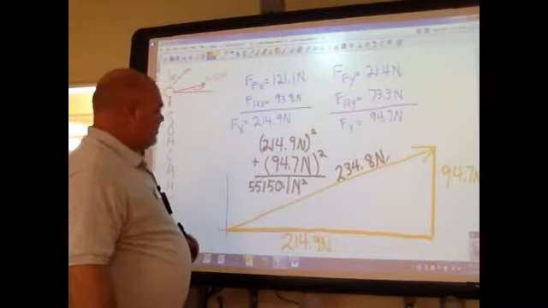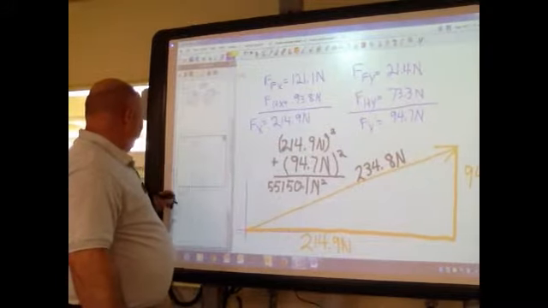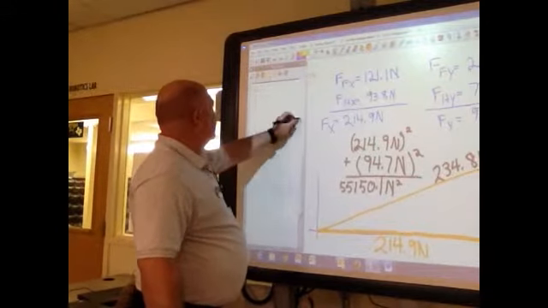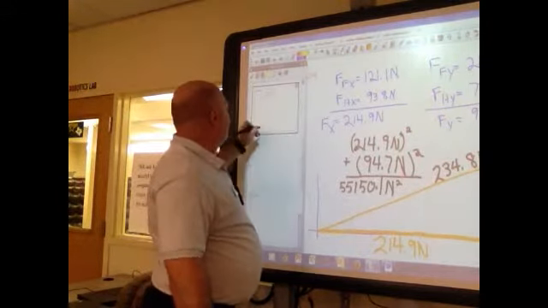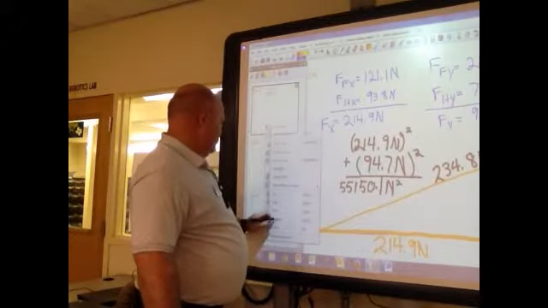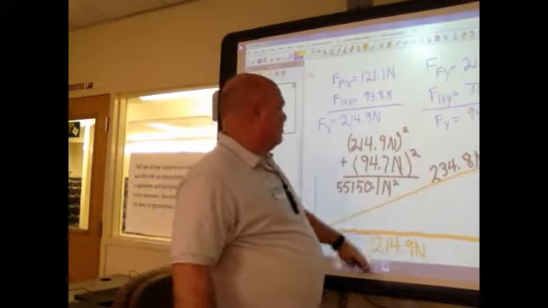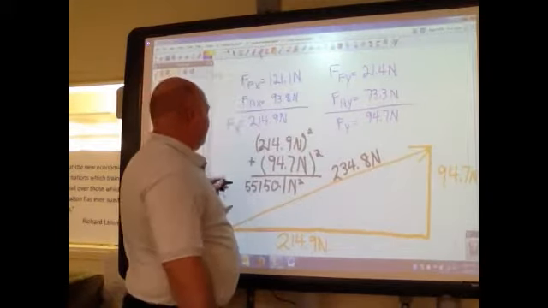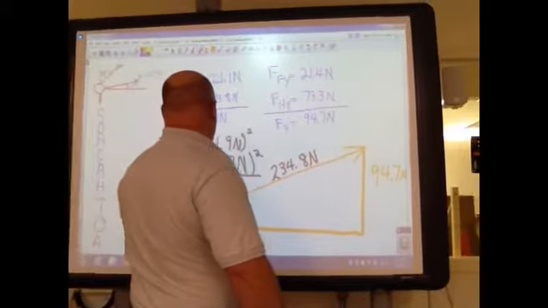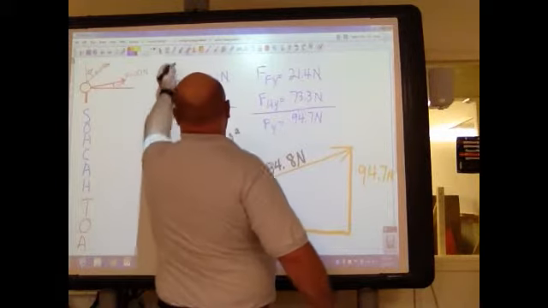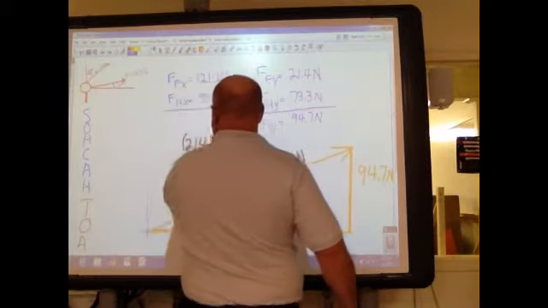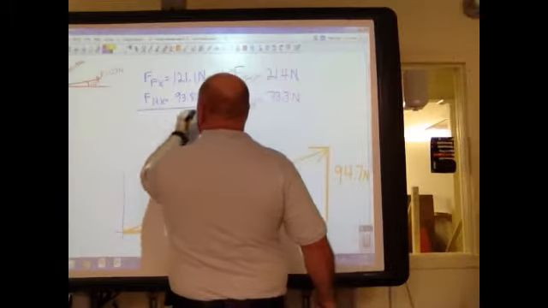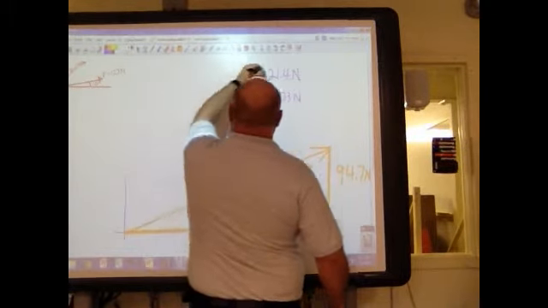The very, very next step that we need to do is come in and determine our angle. I'm deleting all this stuff off the screen so it's easier to see. That way I get a little bit more work room.